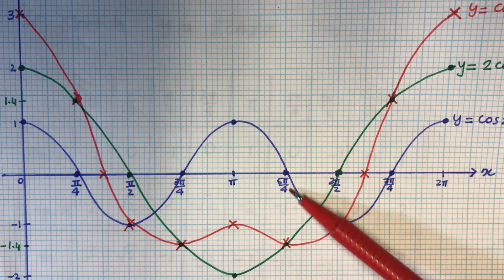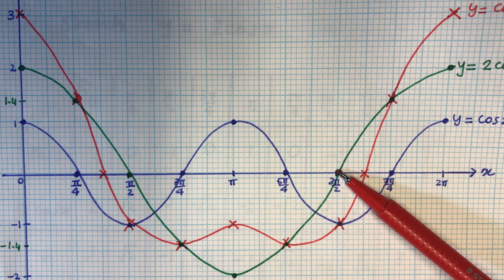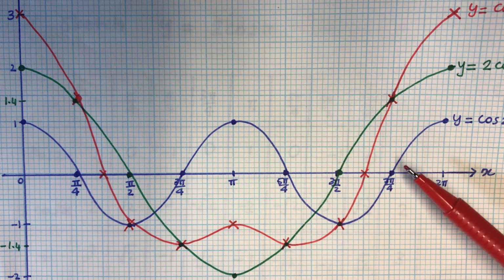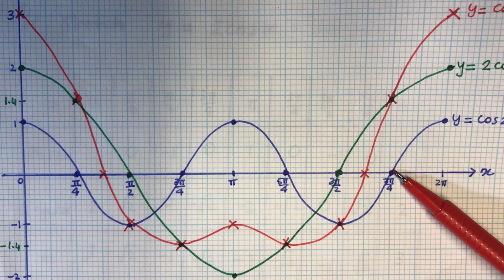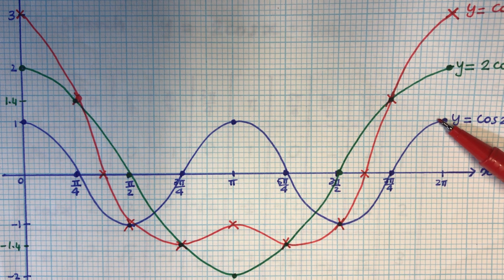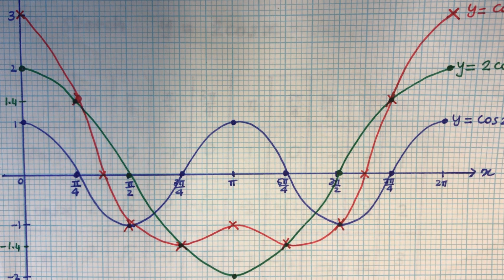I'm just adding the blue and the green, okay, and then that would be minus 1.4, and here 0 plus minus 1 is minus 1, and then here 0 plus minus 1.4 equals minus 1.4, and then of course here 1 plus 2 is 3. So when you do that, you will just get something like that.